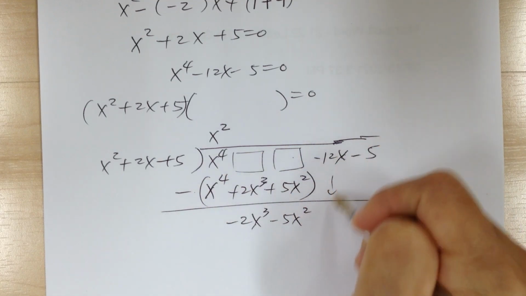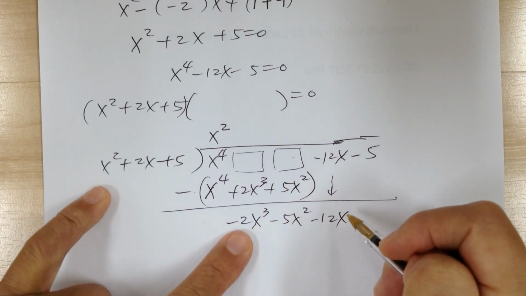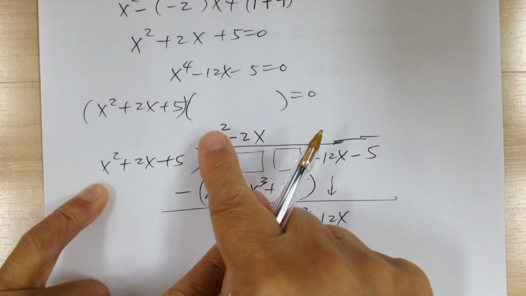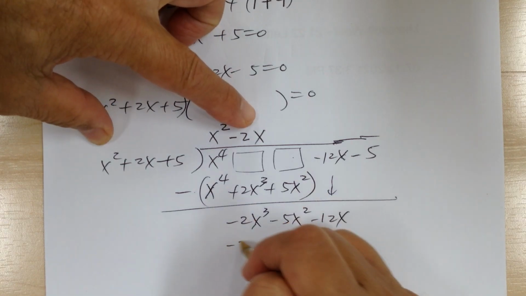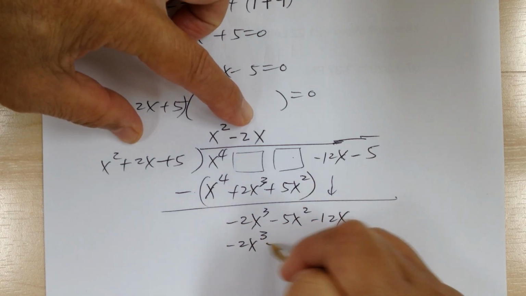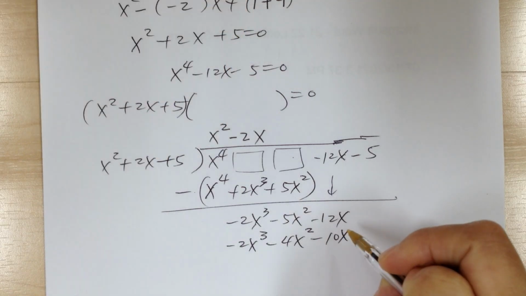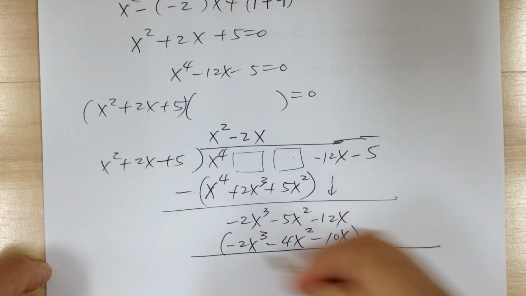Drop the next one. Again, look at the first one, so I need to have a minus 2x. All this must go down in order. Multiply: minus 2x to the 3, minus 4x squared, minus 10x. Put parentheses, subtract.